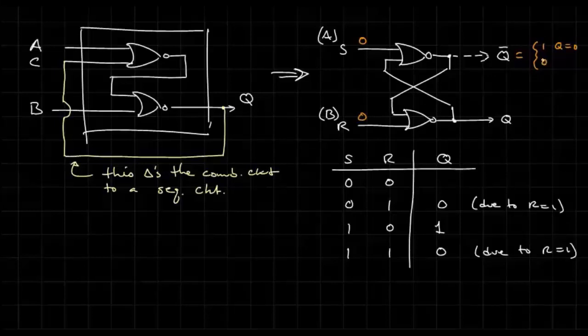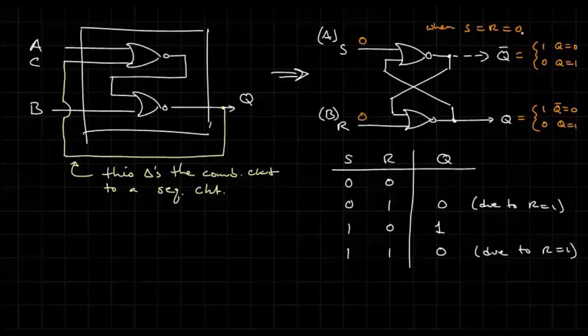And it's going to be equal to 0 if Q is equal to 1. And we can write that Q is going to be equal to 1 if Q bar is equal to 0, and Q will be equal to 0 if Q bar is equal to 1. This is when S and R are false.